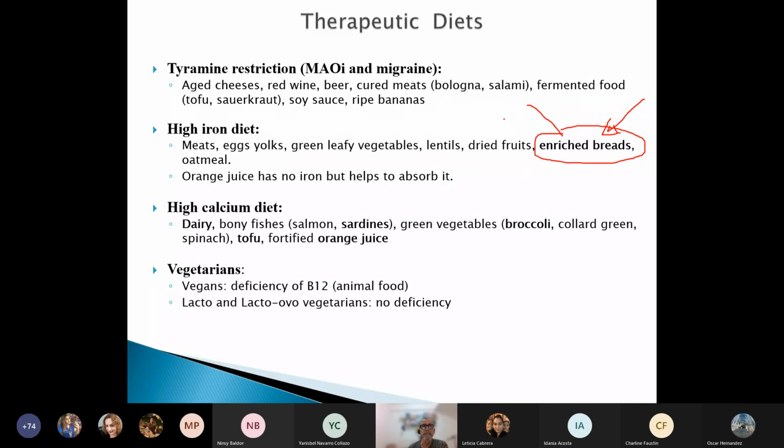Milk is enriched with vitamin D, milk and dairy, and breads, baked goods, are enriched with iron and B complex vitamins.